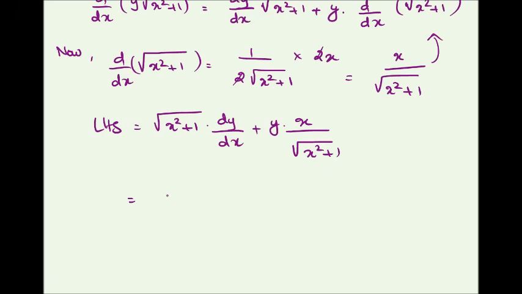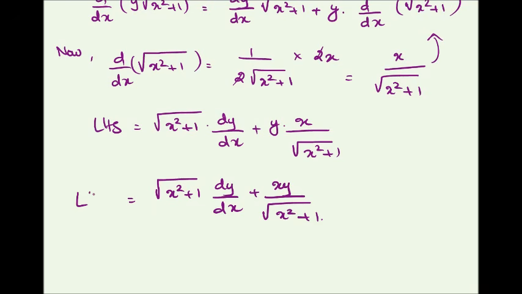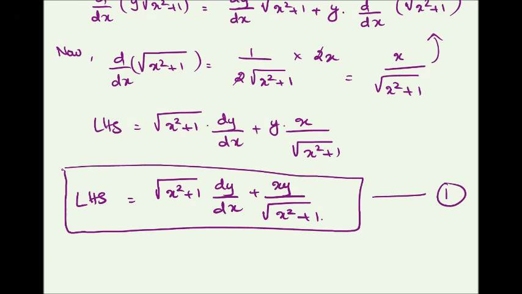That is, we can write √(x²+1) dy/dx plus xy divided by √(x²+1). That is the LHS, and this is marked as equation 1.